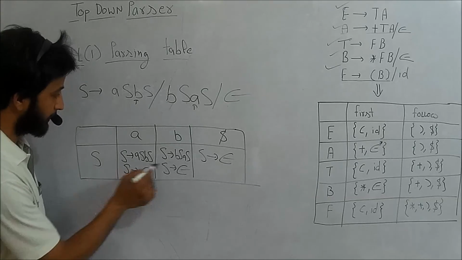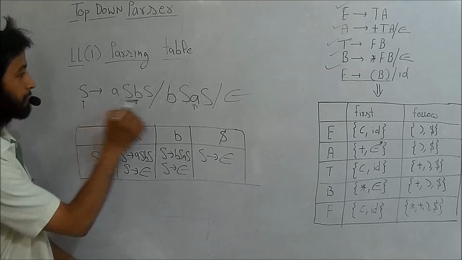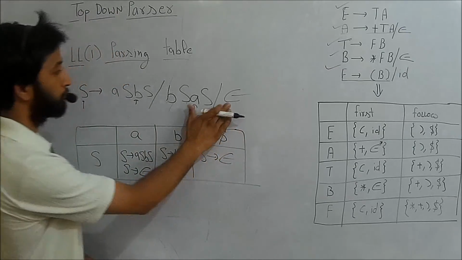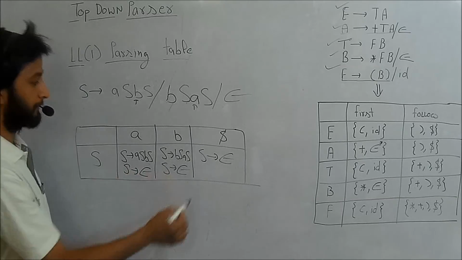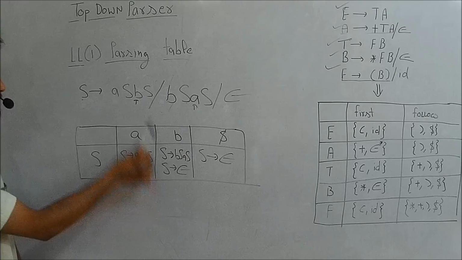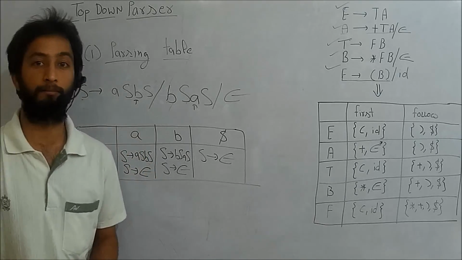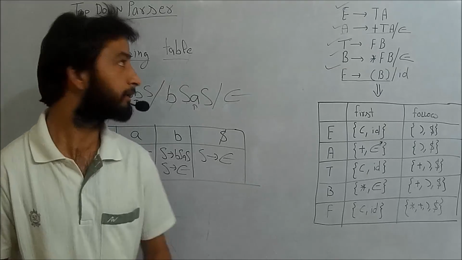So we are seeing that there are duplicate entries, because the production S derives epsilon has to be put under the follow of S, and the follow of S is also A and B. Because of this we are getting multiple entries in a single cell, so we can say that the grammar is not LL1.